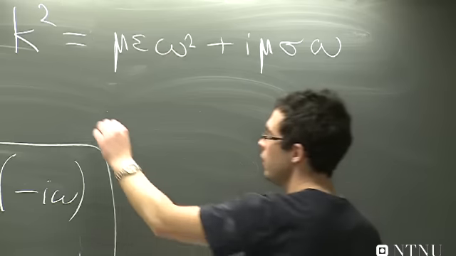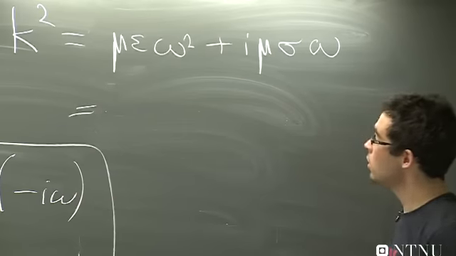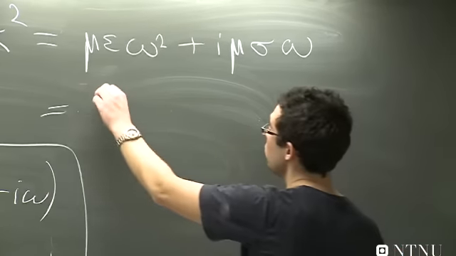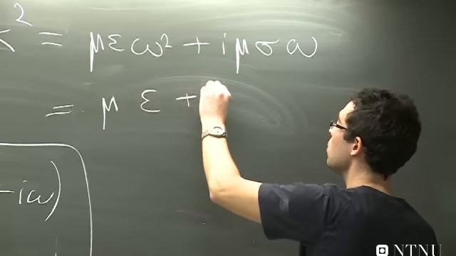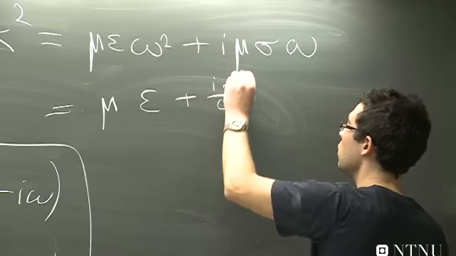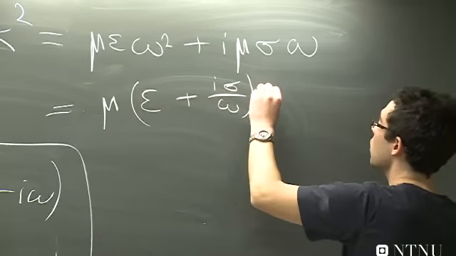And if I further rearrange this a bit, you'll see that I get out mu for both terms, and then epsilon plus i sigma over omega, squared. All right? That was okay?